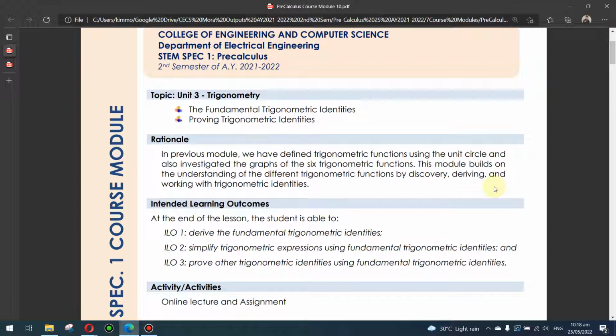This module builds on the understanding of the different trigonometric functions by discovering, deriving, and working with the trigonometric identities.